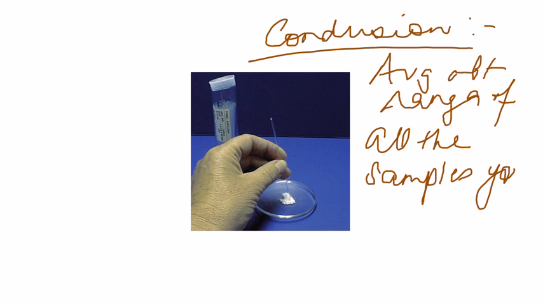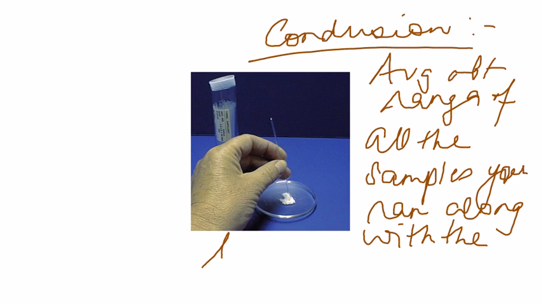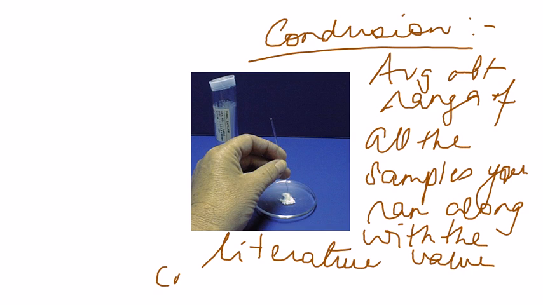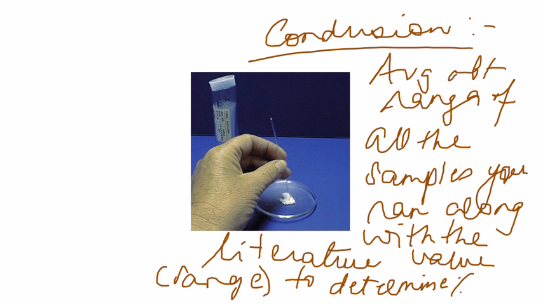So in your conclusion, you must give me the average melting point ranges of all the samples you ran, along with the literature value, and that too hopefully would be a range, to determine percentage error.